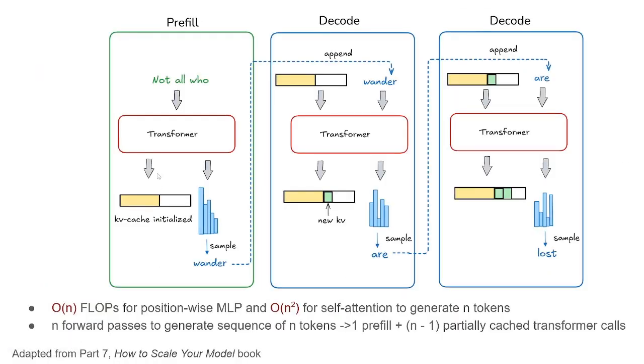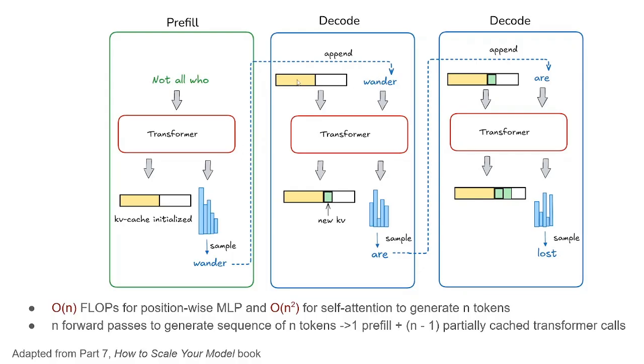So now our inference process looks like this: we give it an input prompt and the transformer processes all these tokens in parallel for the prefill stage. Whatever keys and values were generated in each of the layers get put in the KV cache, and the output is a distribution over the tokens in the vocabulary from which we sample.